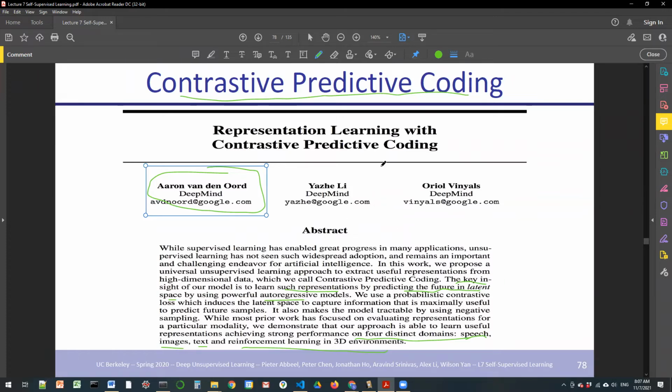And the idea underlying contrastive predictive coding is very similar, or you could say the concept is the same, as that of word2vec. In word2vec, the paper authors tried to use surrounding words to predict the center word, or use the center word to predict the surrounding words. When I say predict, all this is in high dimensional embedding spaces for the words.